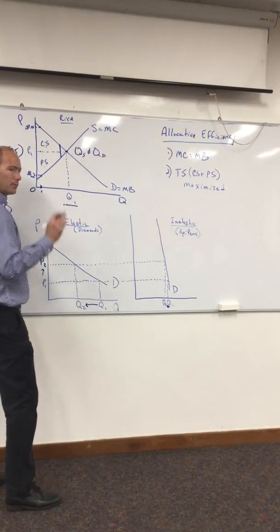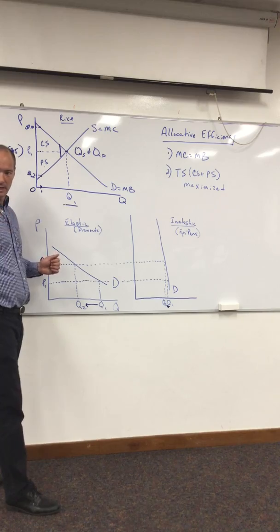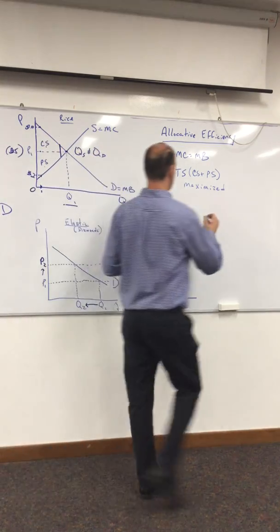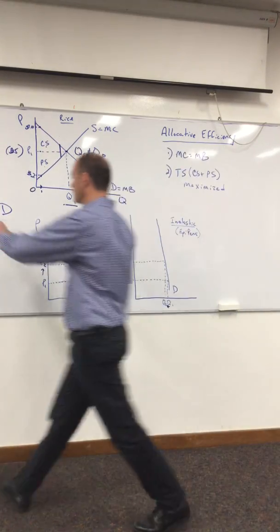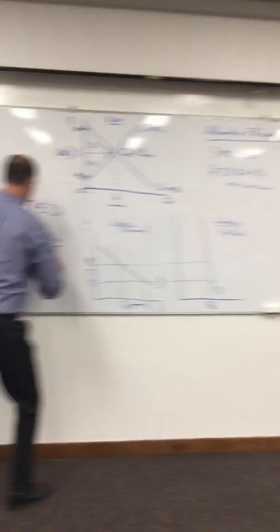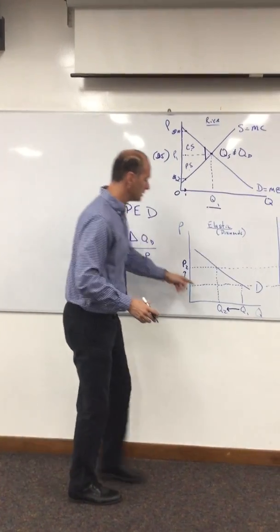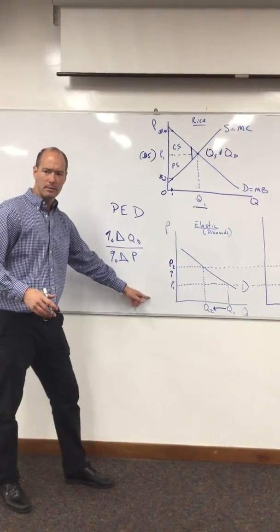There are a number of ways to test whether a good is elastic or inelastic. If you use this equation, sometimes on a test we'll give you the numbers, like the amount by which the price changes and the amount by which the quantity demanded changes.